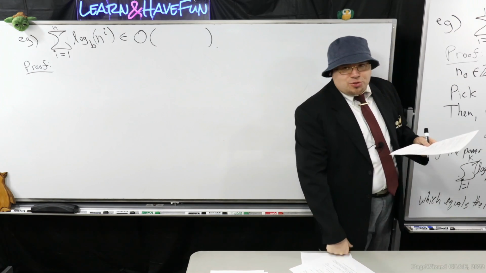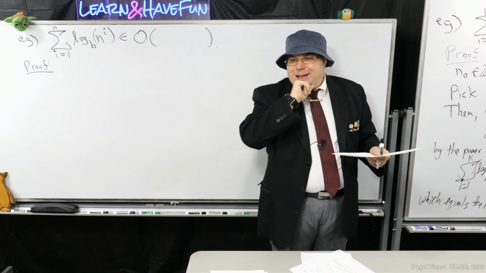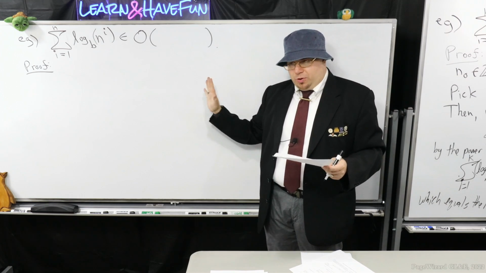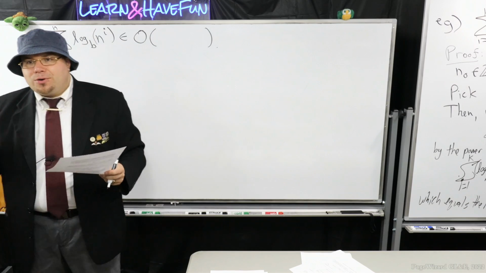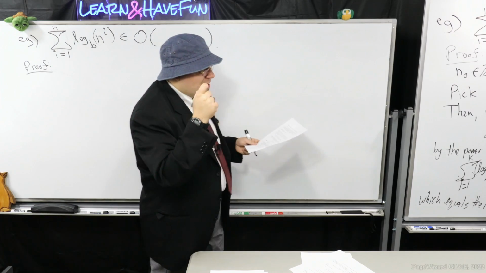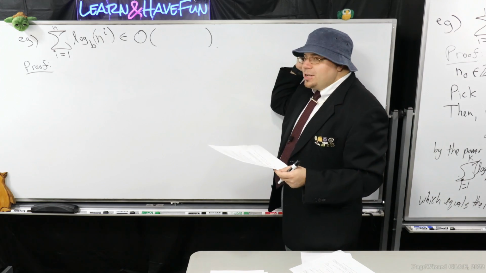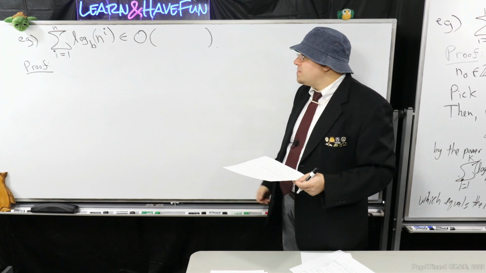Let's attempt to prove this using the same technique we had before. Before we get to the actual proof, I don't want to get into those nitty-gritties quite yet. I want to convince you that the fact that the exponent is a constant really matters. So if I were to use the same approach over there, what would I pick as the constant?